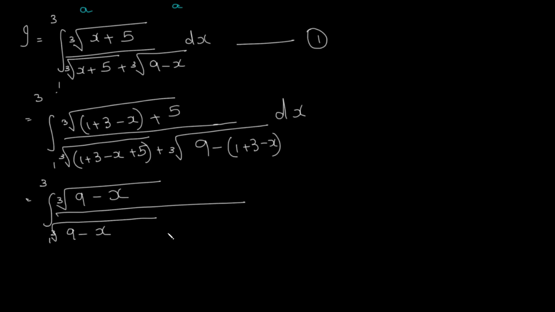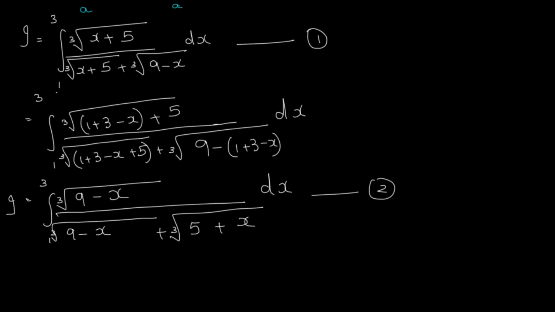And plus the cube root of, now 9 minus 4 gives us 5. So 5 minus and minus x becomes plus x. So this becomes our integral now. So this is again 2. So since on the LHS we had I, all these terms are I itself. So equation 1 on the LHS there is I, equation 2 also on the LHS there is I.